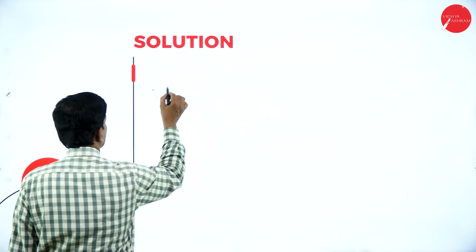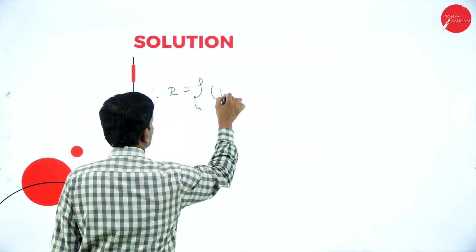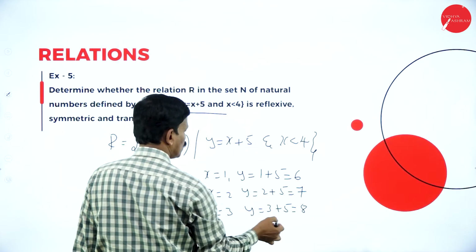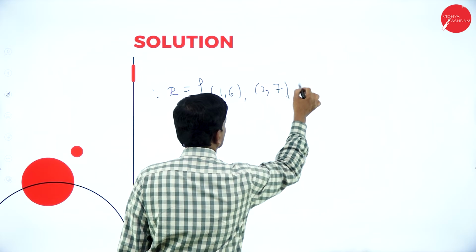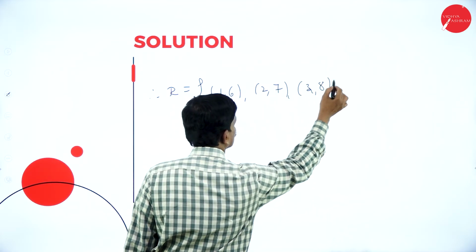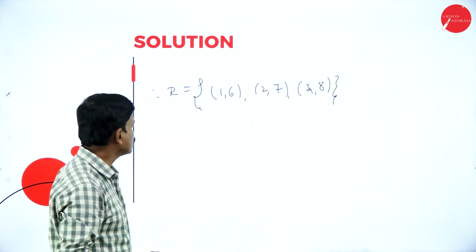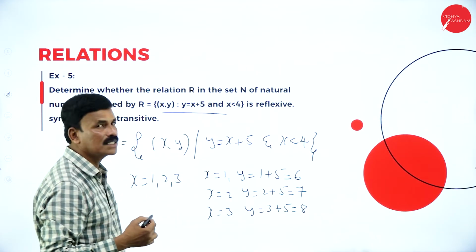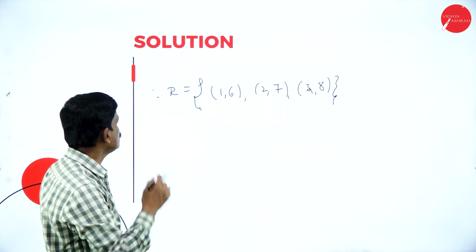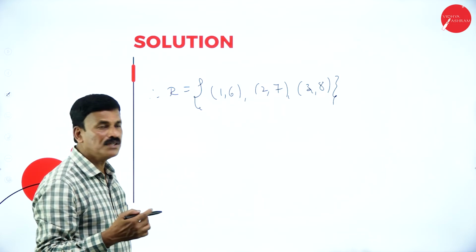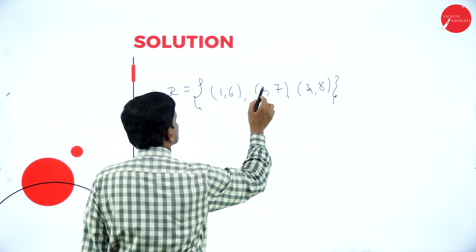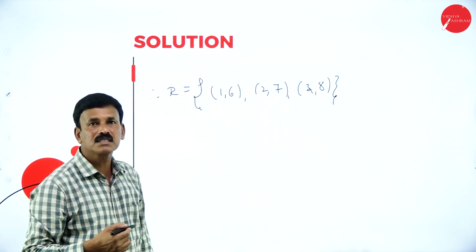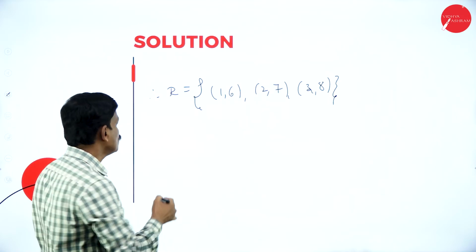Therefore R = {(1, 6), (2, 7), (3, 8)}. These are the elements of R. x < 4 means 1, 2 and 3, and adding 5 gives 6, 7 and 8. Now verify whether it is reflexive, symmetric and transitive one by one.